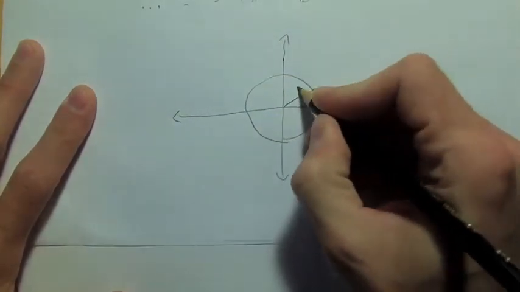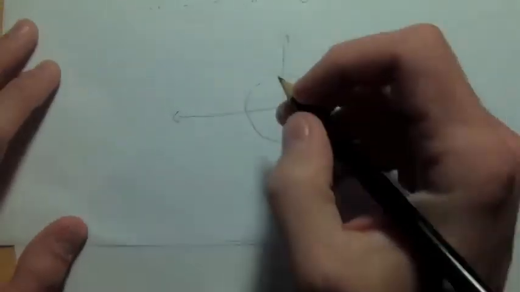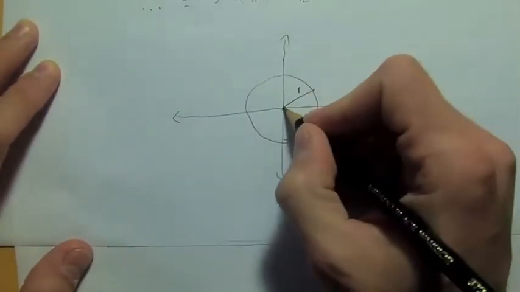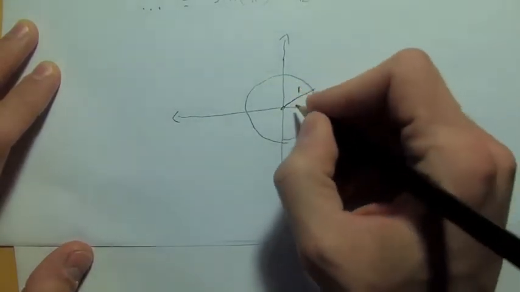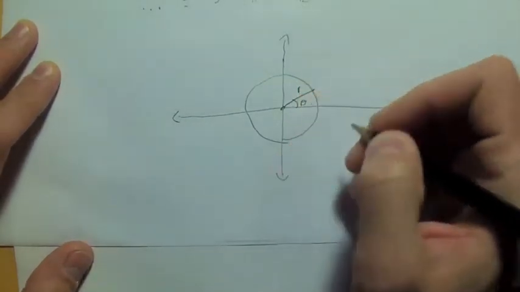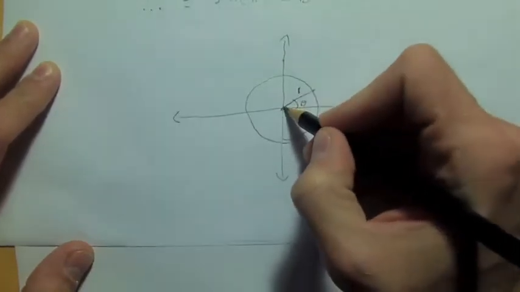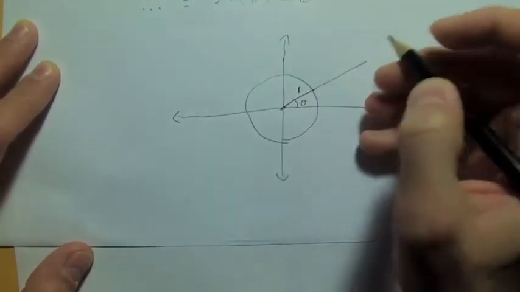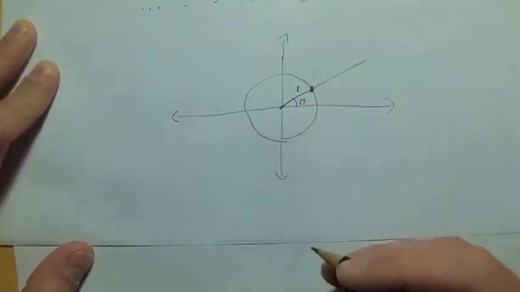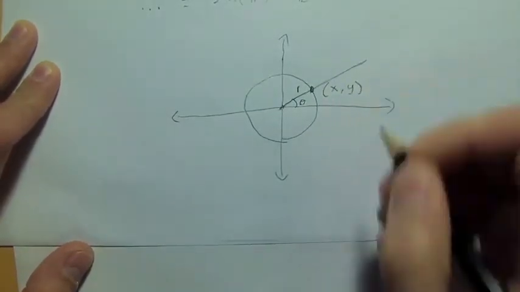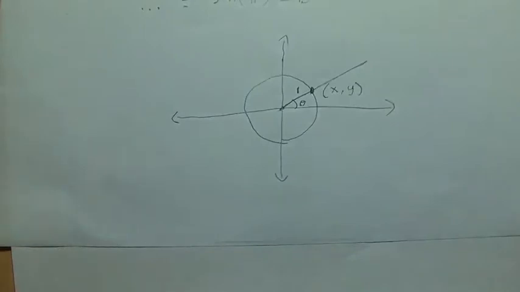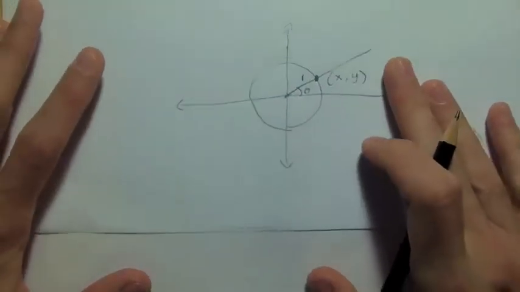Now, a lot of people don't really realize this, but if you take the unit circle centered at the origin, 0, 0, and you look at any angle theta, its terminal side is going to intersect the unit circle at a point x, y, right? There's the x value and the y value.